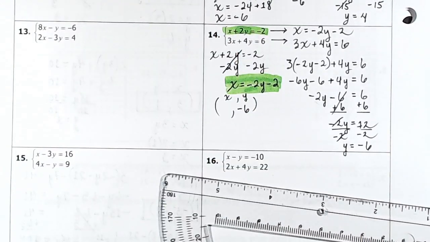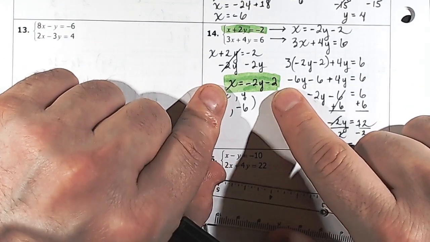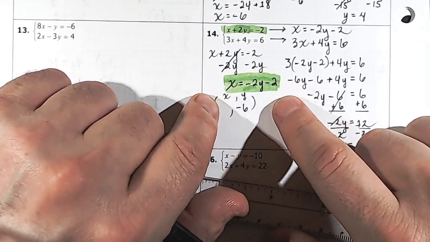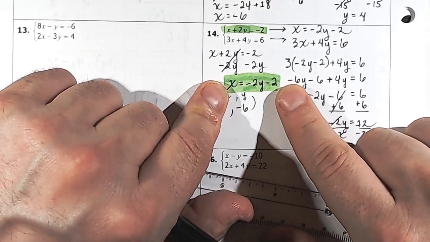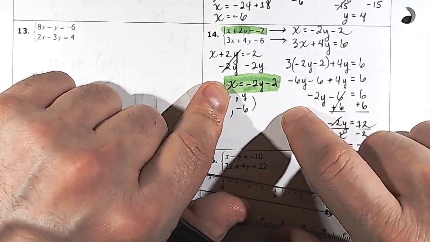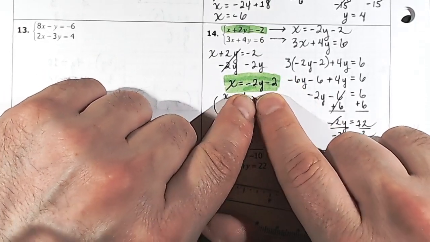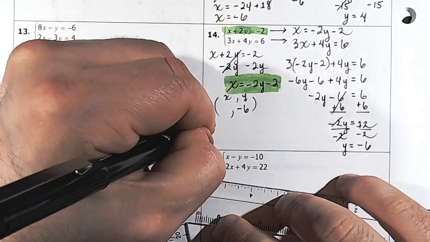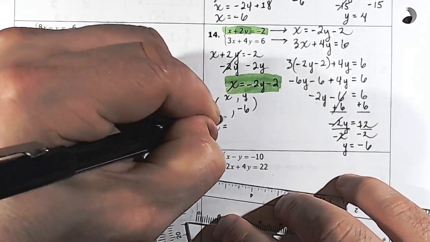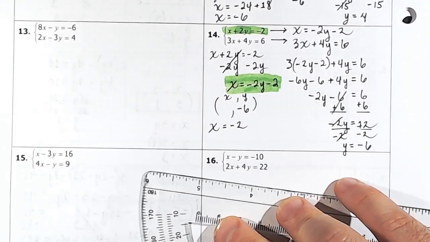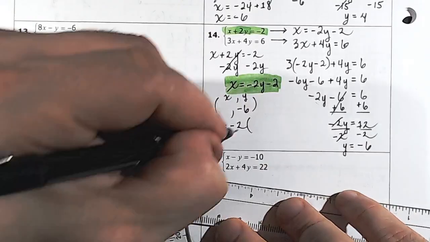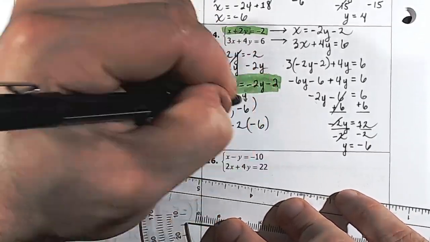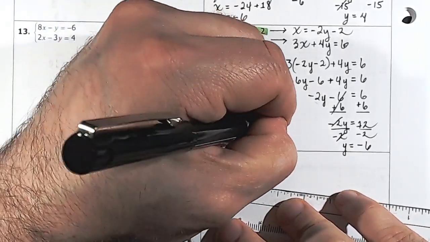Now all I've got to do is plug that y back into one of my equations, and I'm done. And this is the easy one to use, because we want to find out what x is. We're just missing x. Well, here, x equals negative 2y minus 2. We know what y is, so I'm going to shove that negative 6 in where that y is. x equals negative 2, open parentheses, negative 6, close parentheses, minus 2.